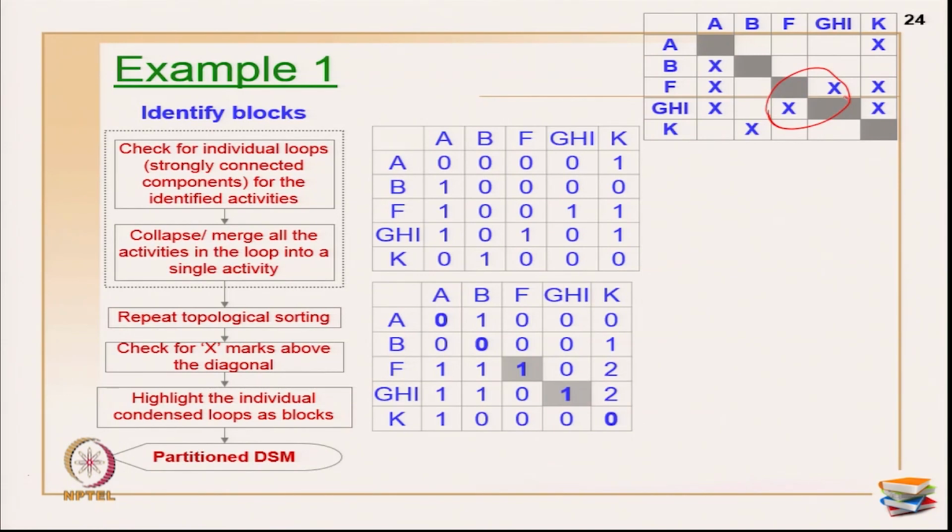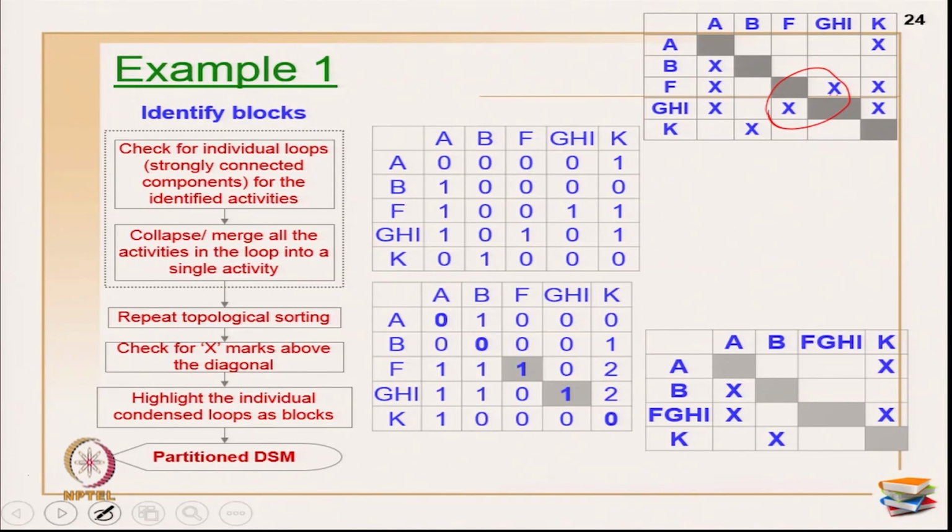If you see the X mark here, it shows that these two activities are interdependent. You need not even do the multiplication, but if you are new to the process, better you do all the steps. So, I have identified this because I have got 1. This implies F, G, H, I are in a cycle. Now, I am going to merge F, G, H, I as one.